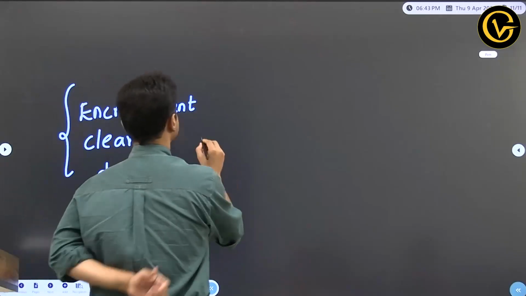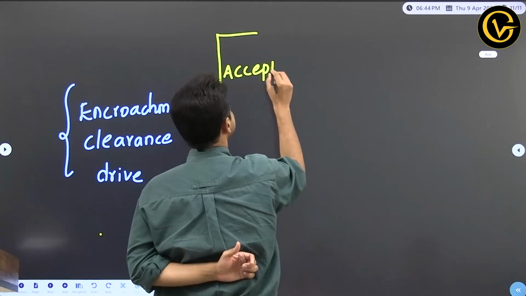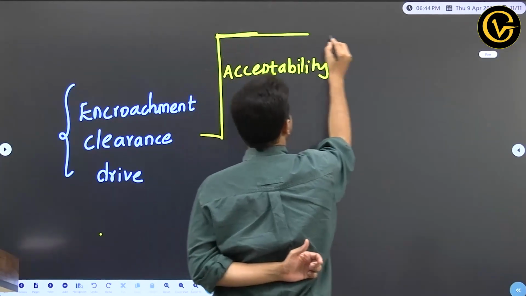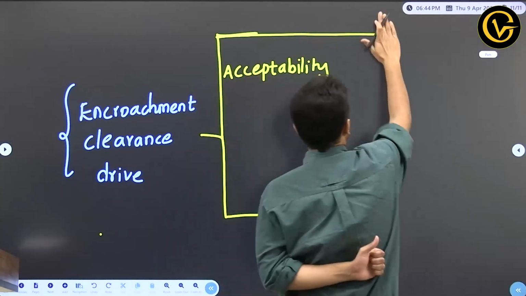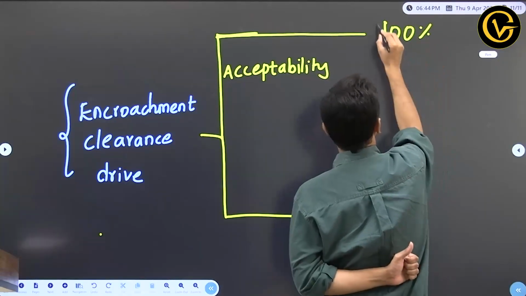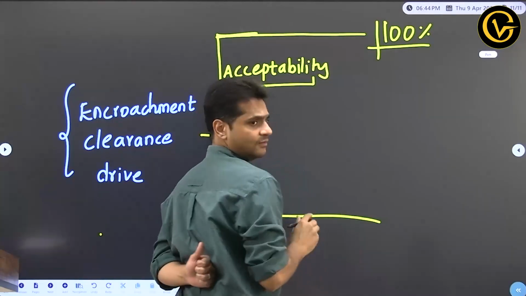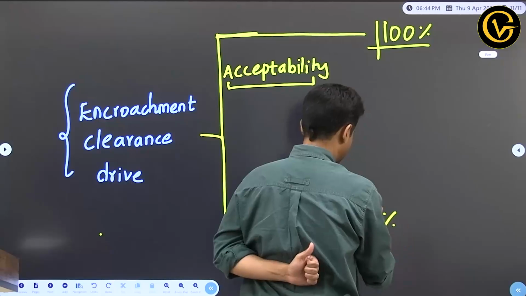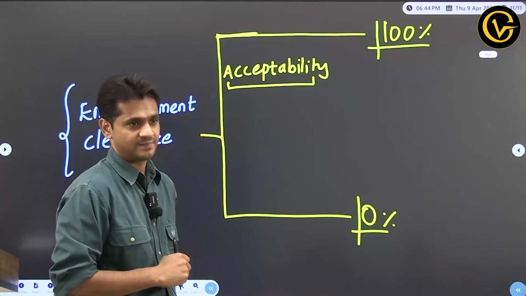Now tell me, acceptability. Let's say if 100% of the people accept the decision of GHMC, that is one scenario. Another scenario, 0% people accept the decision or action of GHMC.